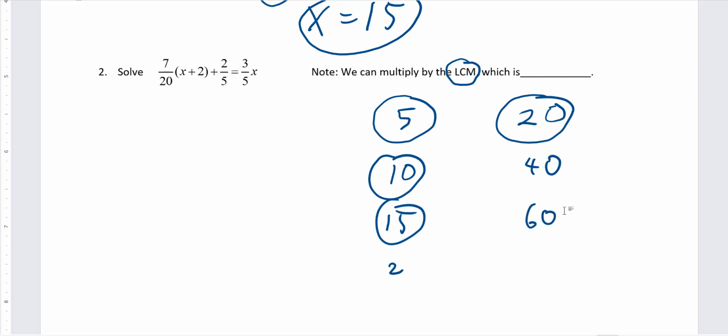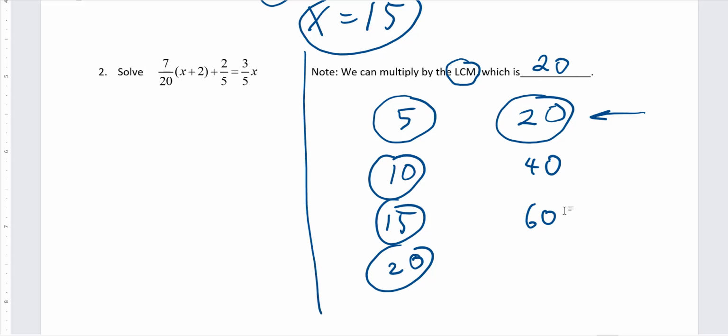I keep going on each list until I eventually see the first number that pops up on both lists, which in this case is 20. That means the least common multiple of those two numbers is 20. Now, I'm not ready to use that yet, but I will be using that soon. So 20 is my least common multiple.